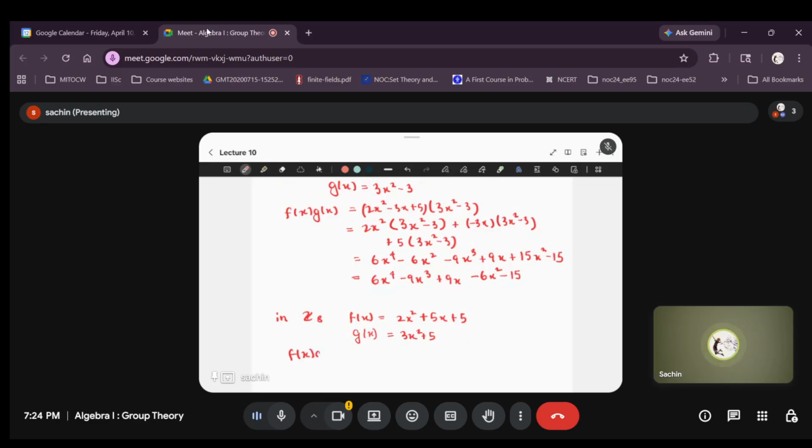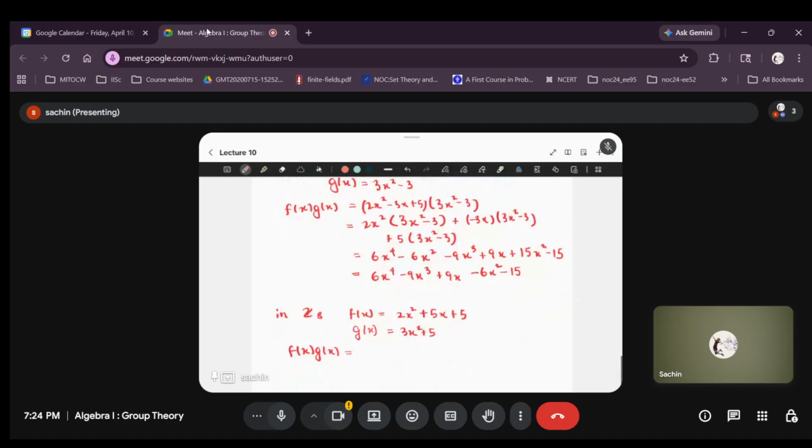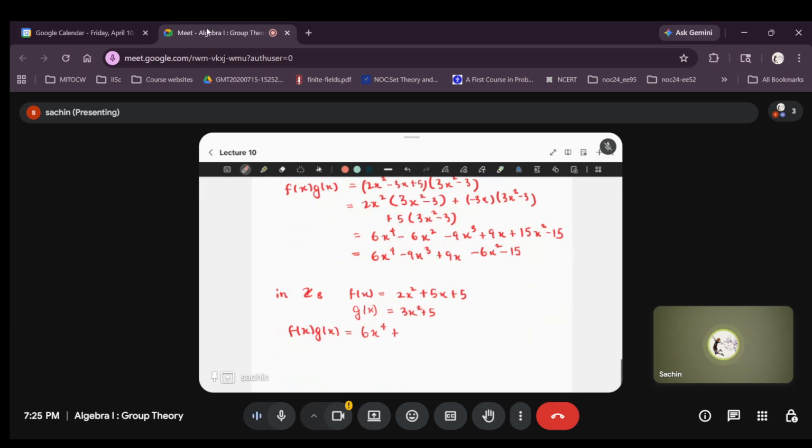And their product f of x g of x would be 2x² into 3x² plus 5, which is 2x² into 3x² is 6x^4, plus 2x² into 5 is 10x², which is 2x² mod 8. So you do 2 into 5, 10, which is 2 in Z8.